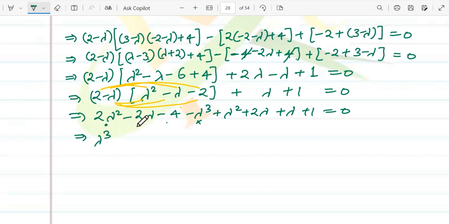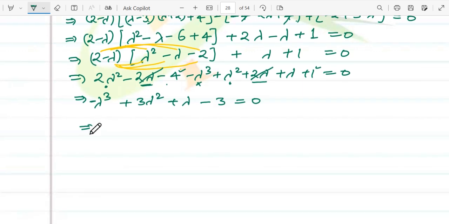Now 2 lambda square and lambda square, that is 3 lambda square. Now lambda, minus 2 lambda plus 2 lambda, they will cancel out, that is plus lambda, and negative 4 and positive 1, that is negative of 3.